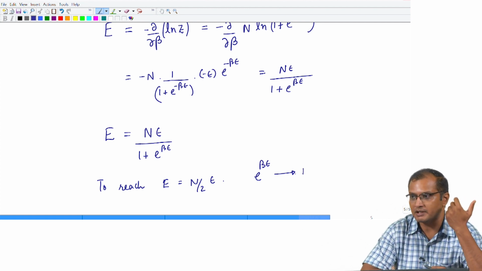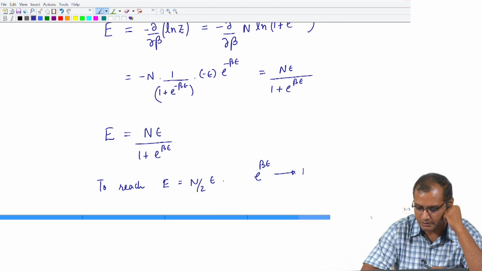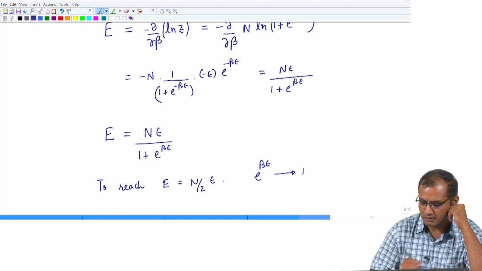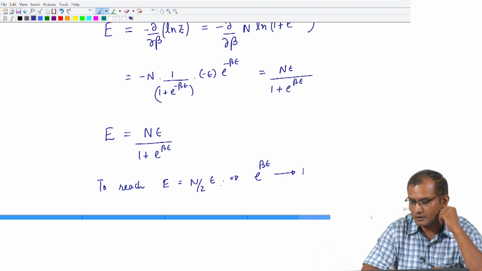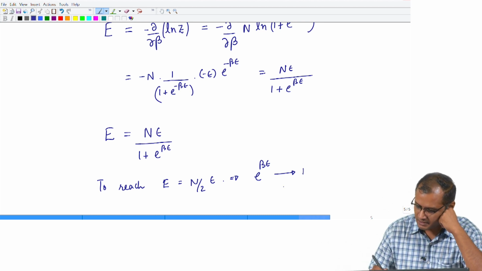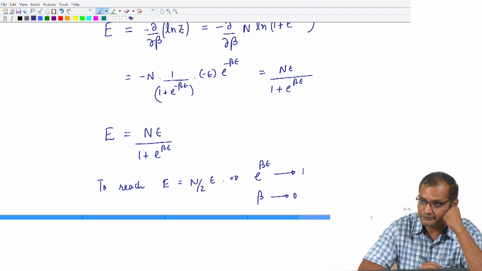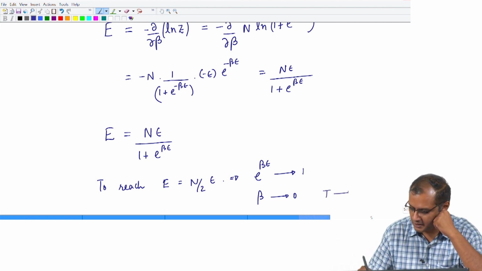So, the 1 in the denominator will give you 1 plus 1, which is 2, and that will make the energy N by 2 epsilon, and the only condition in which e raised to beta epsilon becomes 1 is when beta tends to 0.